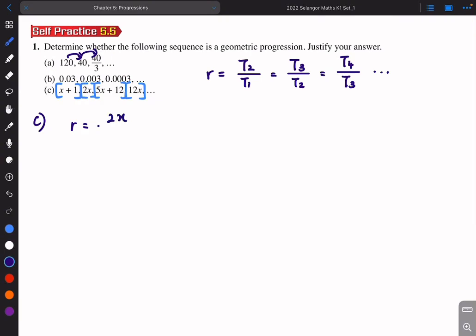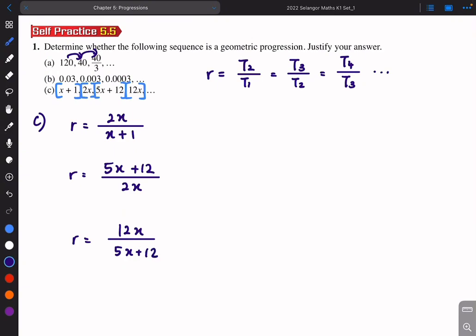So 2x over x plus 1. And then the other R would be T3 divided by T2. So 5x plus 12 divided by 2x. And the other one will be T4 divided by T3. So 12x over 5x plus 12.